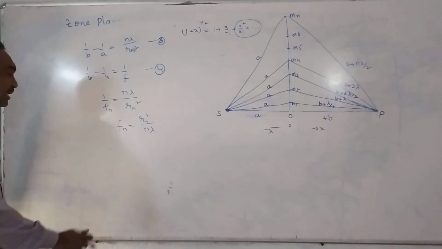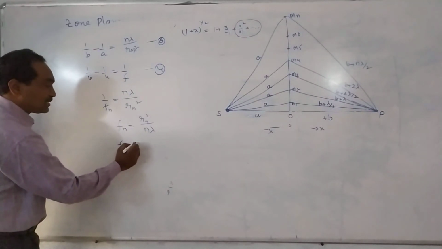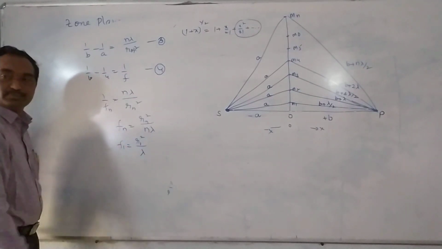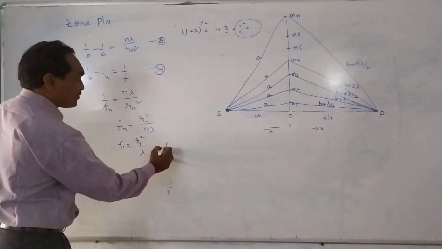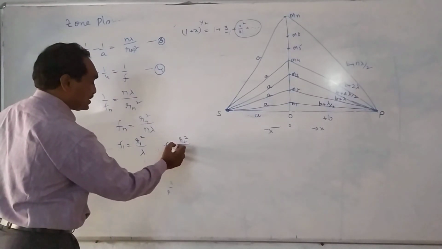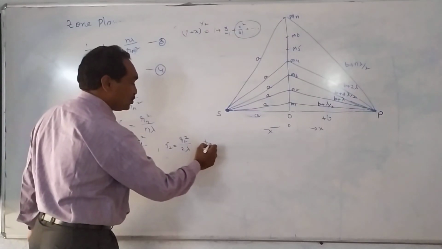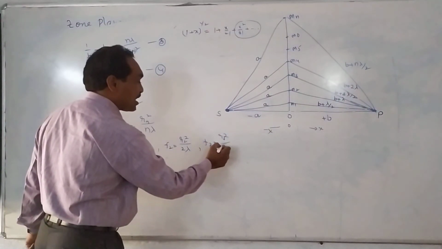So what is this focal length? First focal length F1 is R1 square by lambda, because n is equal to 1. And the second one, F2, is equal to R2 square by 2 lambda, n is equal to 2. F3 is equal to R3 square by 3 lambda.